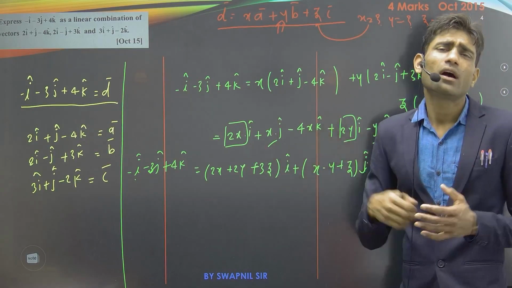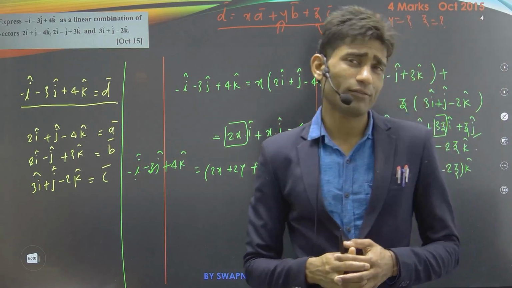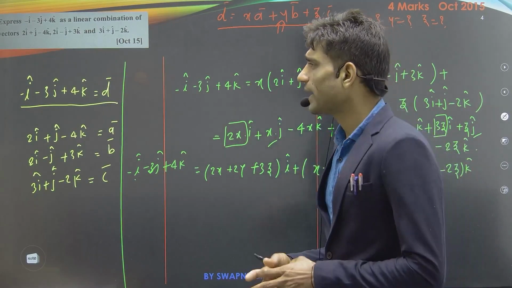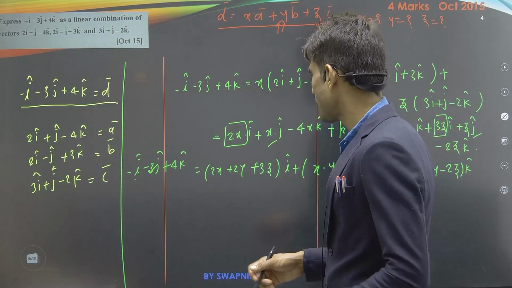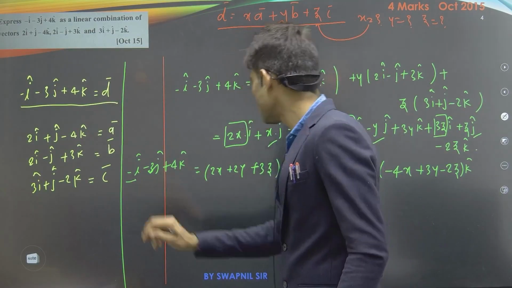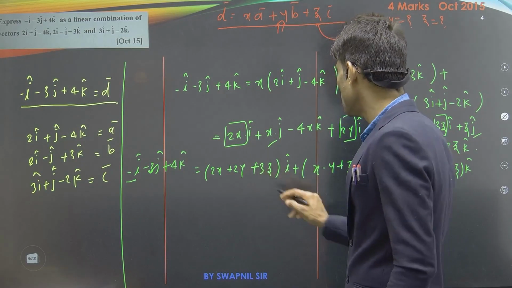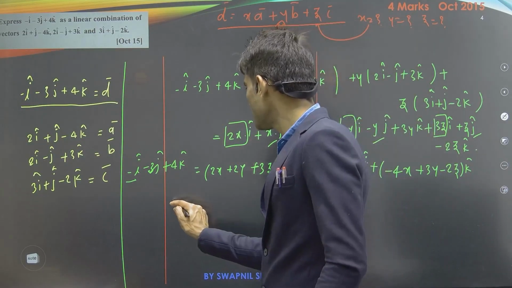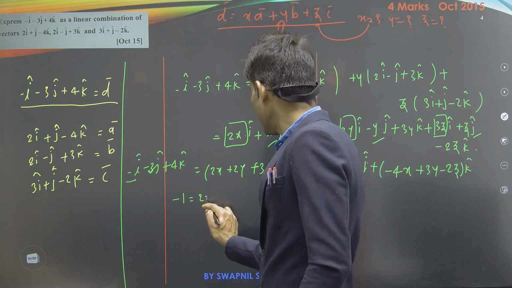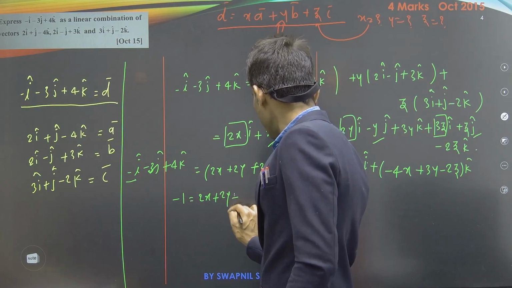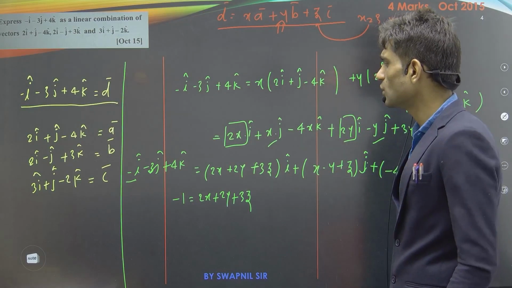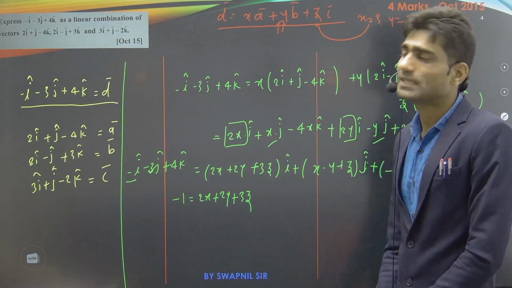Now compare corresponding variables from both sides and you will get the required i cap, j cap, k cap equations. So minus i cap equals 2x plus 2y plus 3z into i cap. That means minus 1 equals 2x plus 2y plus 3z. This one is our first equation.